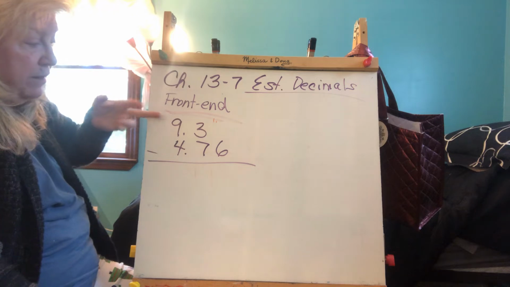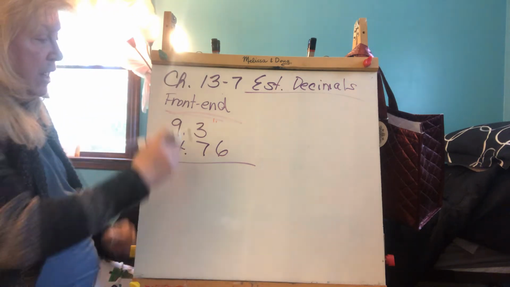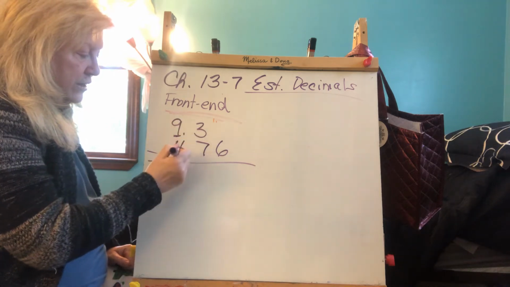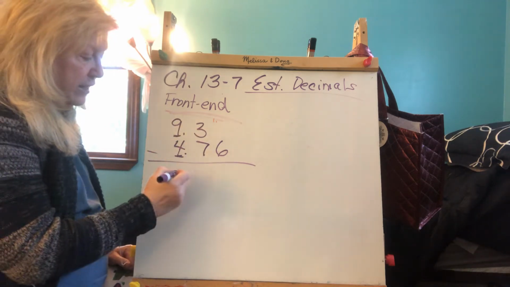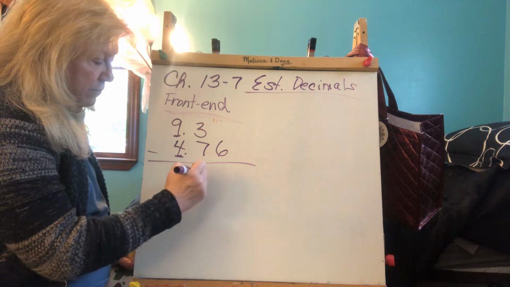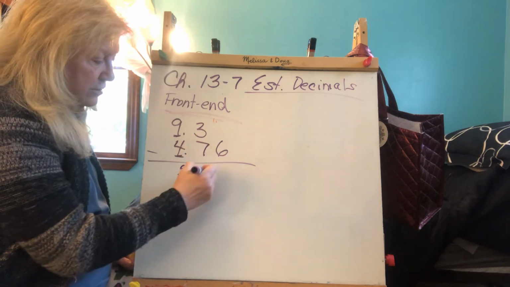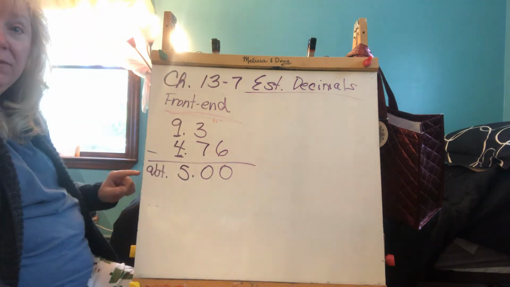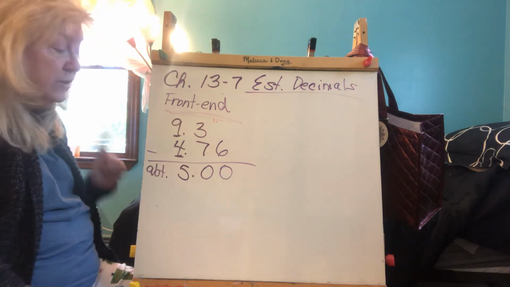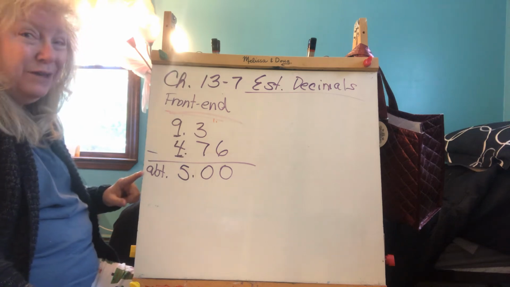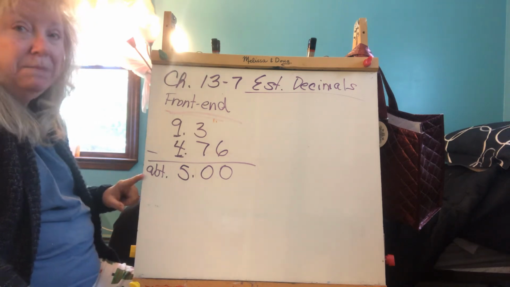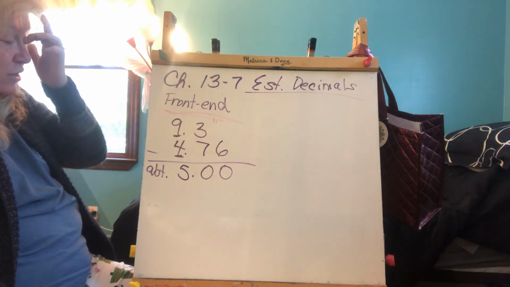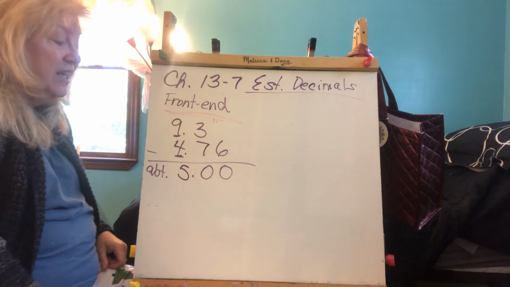If you were going to compare 9 to 4, you would know 9 is bigger. Subtract the first or front digits. 9 minus 4 is 5. Put your decimal point in. Everything else becomes zeros. Put about in your answer. If you can remember to put the about in your answer at the end, you can wait until the end, but it's probably a good idea in the beginning to put the about in first. So 9 3/10 minus 4 76/100 is about 5.